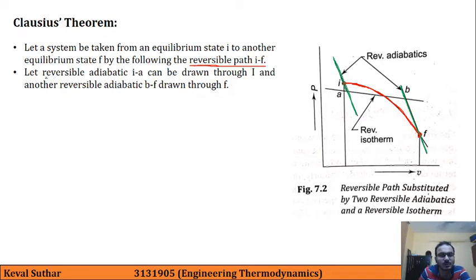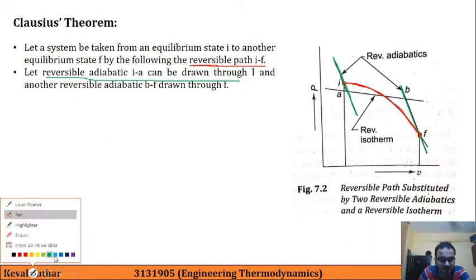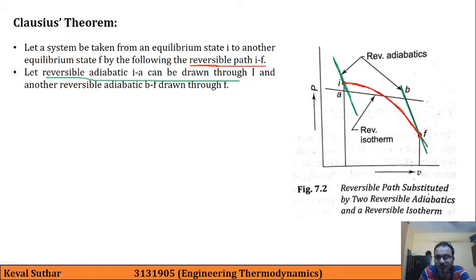So this will be our I to A portion, this process and this process. These two are reversible adiabatic processes.